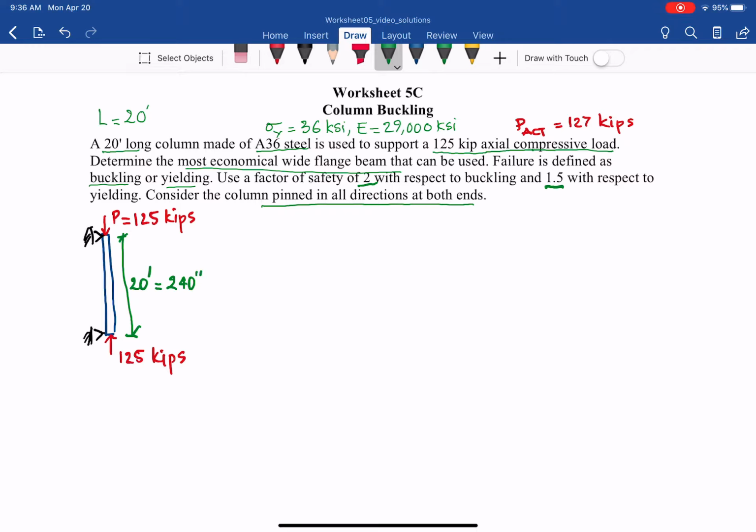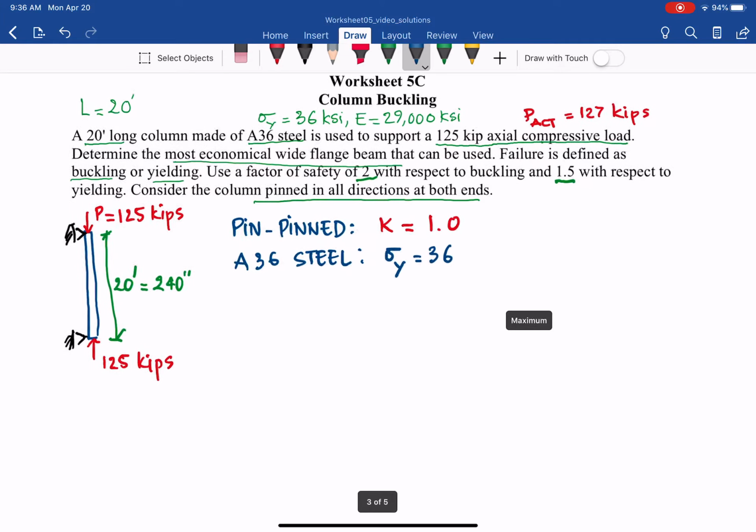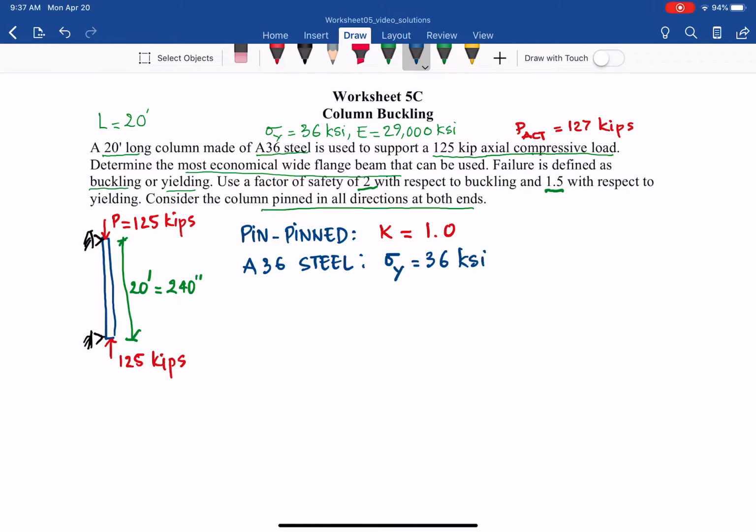So let's get some information just mentioned earlier. So this problem is pinned in both ends in all directions. So we have K, the effective length factor, equal to 1. And as mentioned earlier, we have A36 steel for the material. So from that we have sigma yielding stress equal to 36 KSI, and E Young's modulus equal to 29,000 KSI.